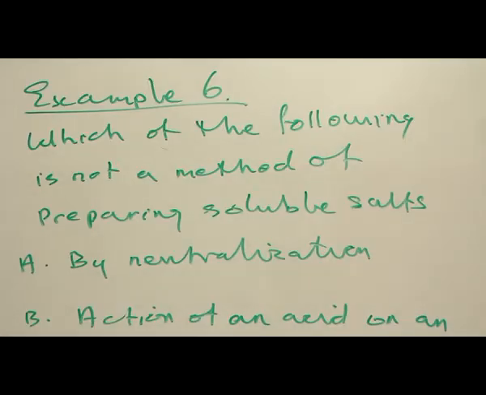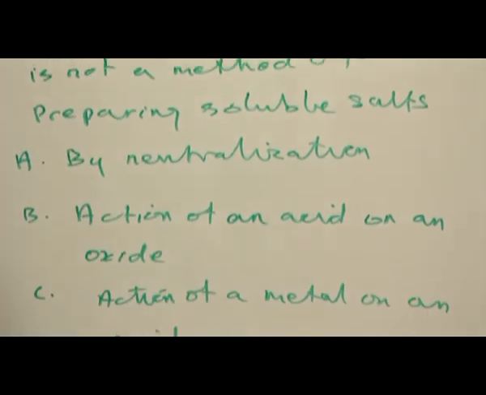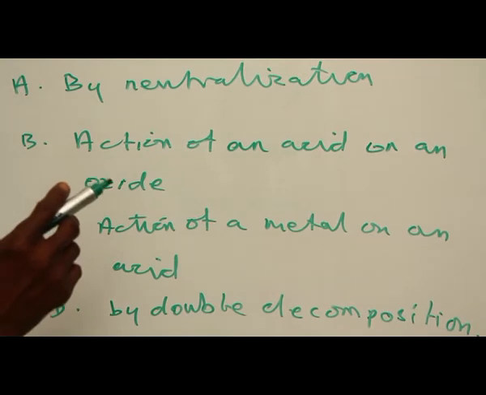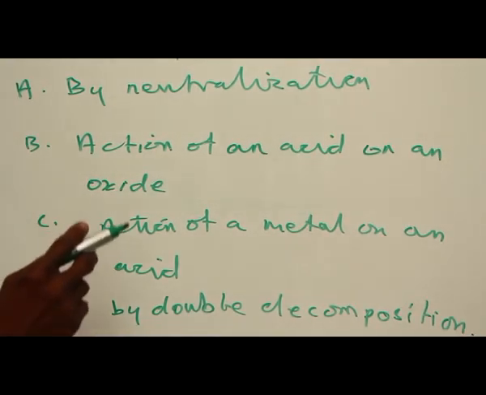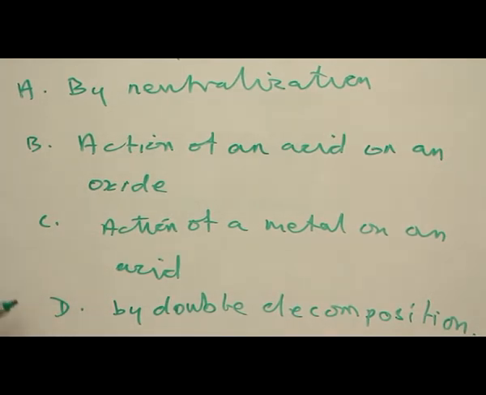Example 6. Which of the following is not a method of preparing soluble salts? A. By neutralization. B. Action of an acid on an oxide. C. Action of a metal on an acid. D. By double decomposition. Let's consider the options individually. A. By neutralization. Neutralization is a method of preparing a soluble salt.